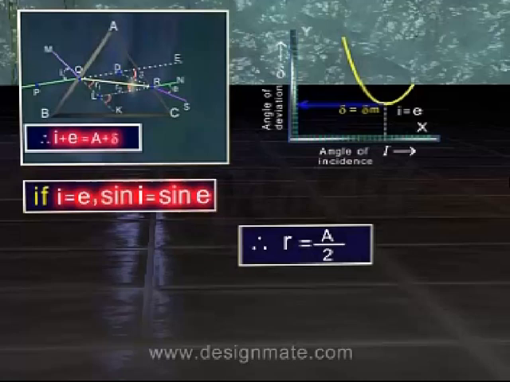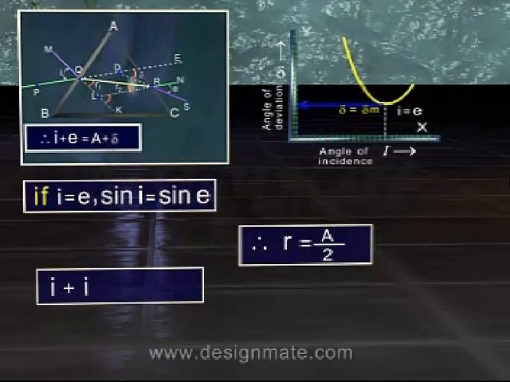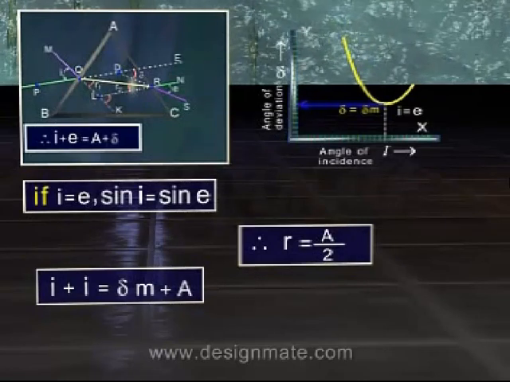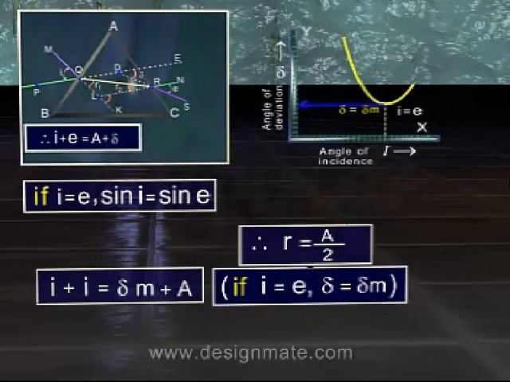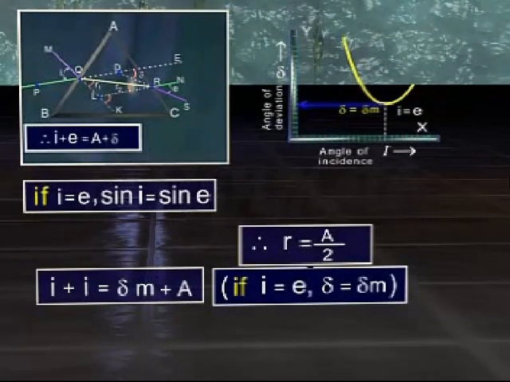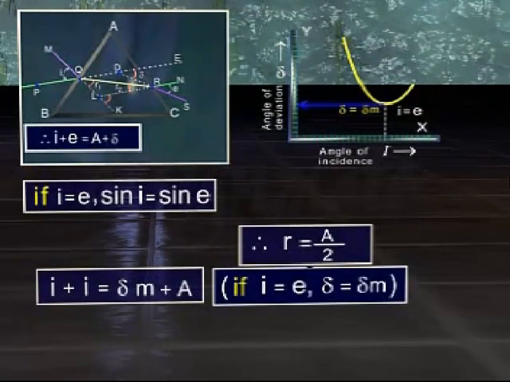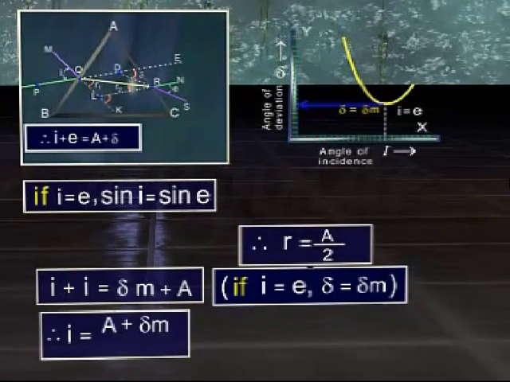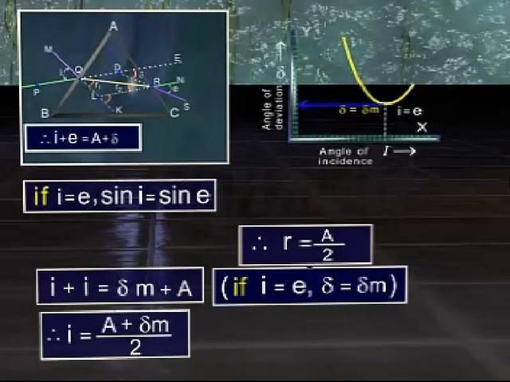Also, I plus I is equal to delta M plus A, in brackets, if I is equal to E, delta is equal to delta M. Therefore, I is equal to A plus delta M upon 2.